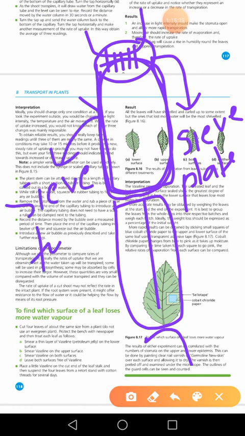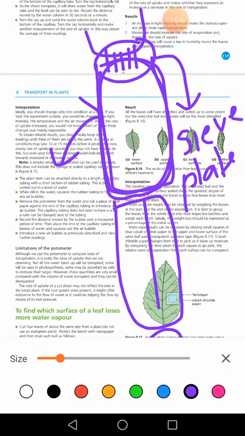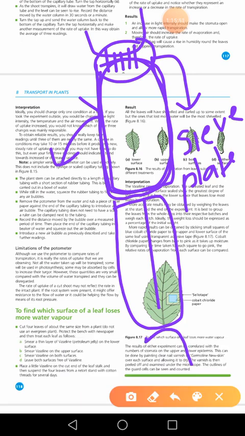Now let's move on to how the food is transported. I think you have understood how water is absorbed into the plant, and now we will go on to how the food is transported.